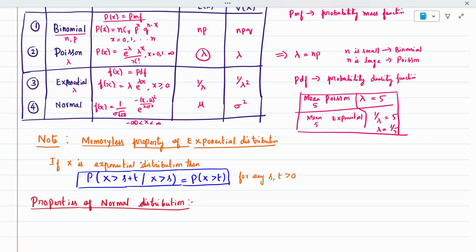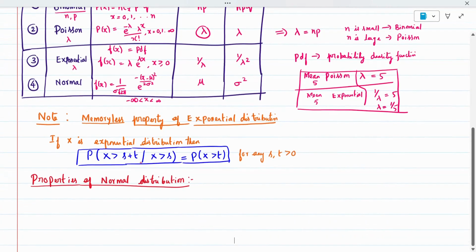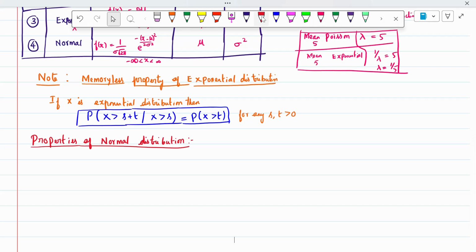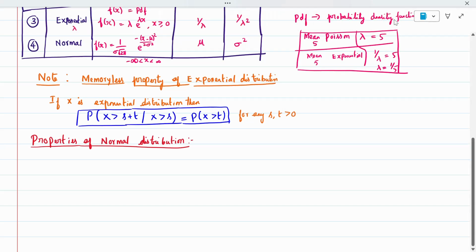We have some special properties for the normal distribution, five properties, which will be useful for MCQ questions, so I will write them. My first property: mean, median and mode all three coincide at x equal to mu.